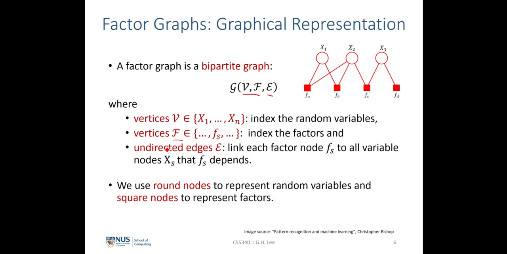And of course, the undirected edges E over here link each factor node to all the random variables that this factor depends on. And it's also important to notice that because we define the undirected edges in such a way, there won't be any connections between the random variable nodes, or in between the factor nodes over here.